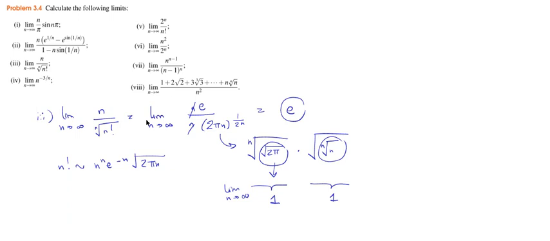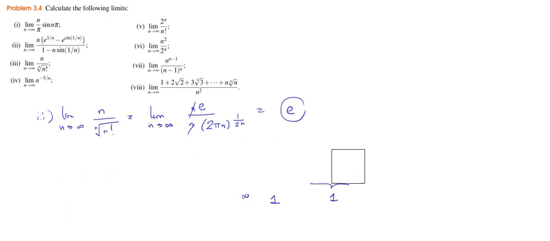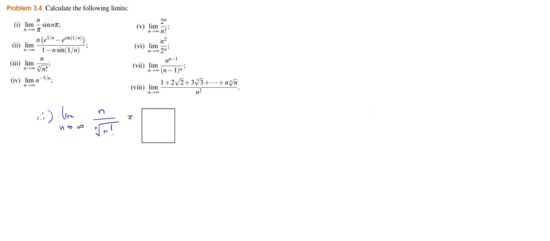But there's another way to do this, and this is to see that, well, we can rewrite it like this. Sorry, this is the nth root of n to the n divided by n factorial, right?